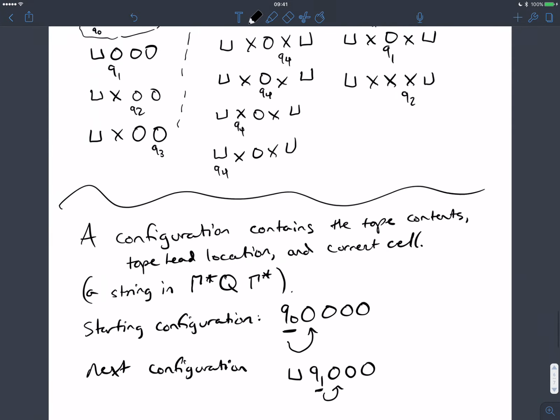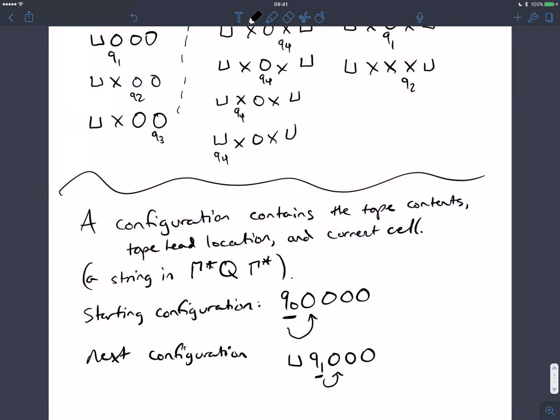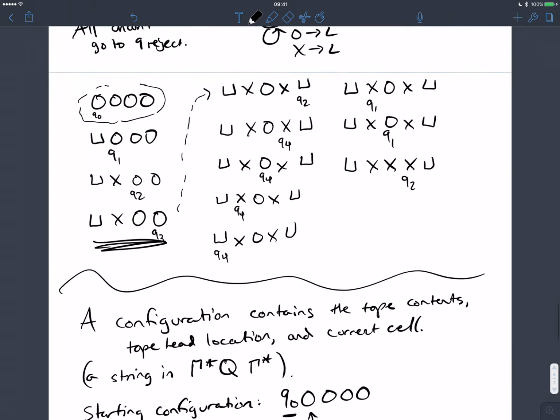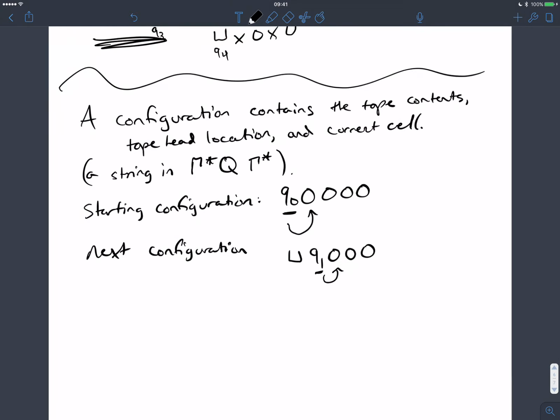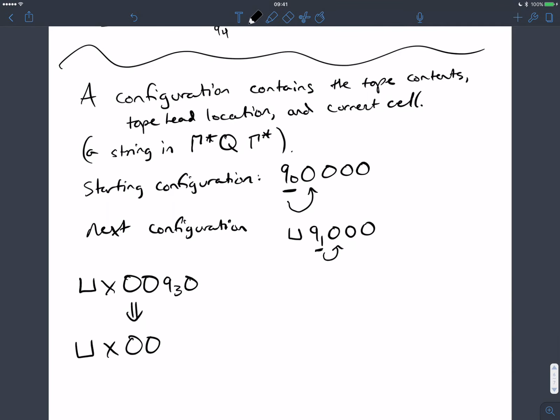For example, when we did this transition from that guy right there to the next one, we had the configuration blank x00 q3 0, and then after one transition, that gives us blank x00, and then we changed it to a blank q4 blank, I think.